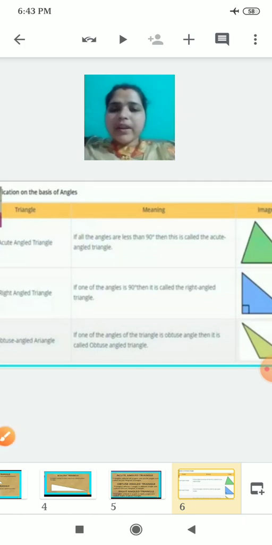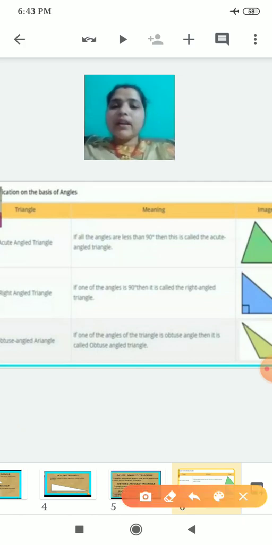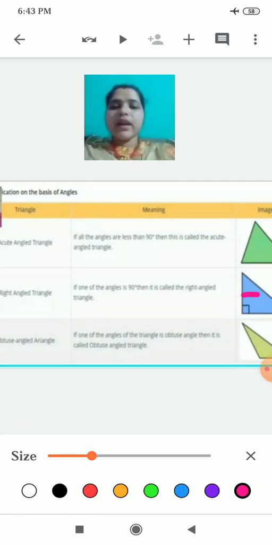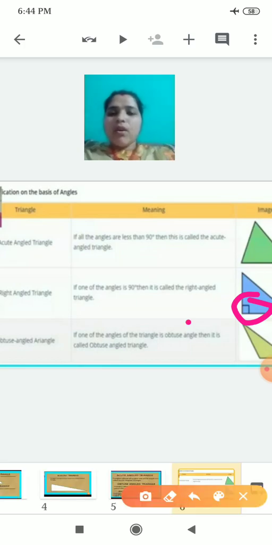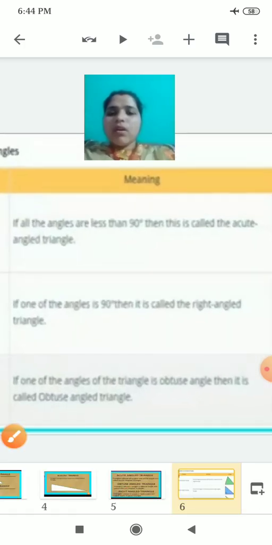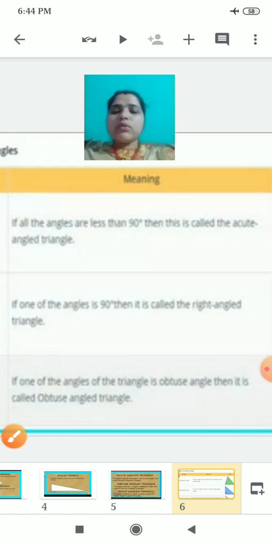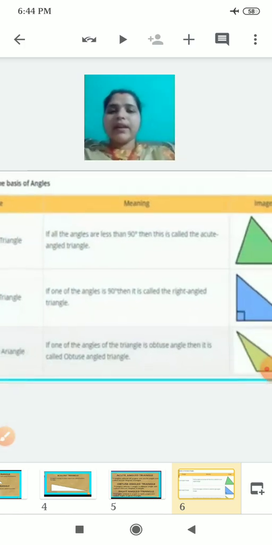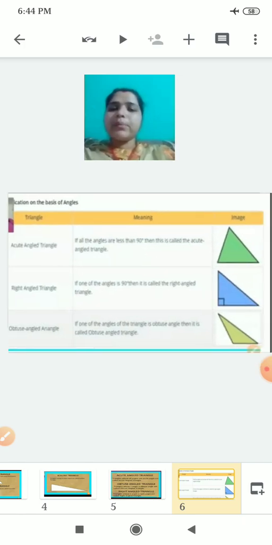A triangle whose one of the angles is 90 degree. You can look here, this is the 90 degree, so this will be a right angle triangle. Next we have the obtuse angle triangle. It means more than 90 degree but less than 180 degree. If one of the angles of the triangle is obtuse, then it is called an obtuse angle triangle.